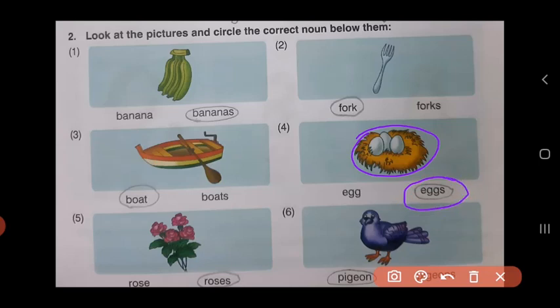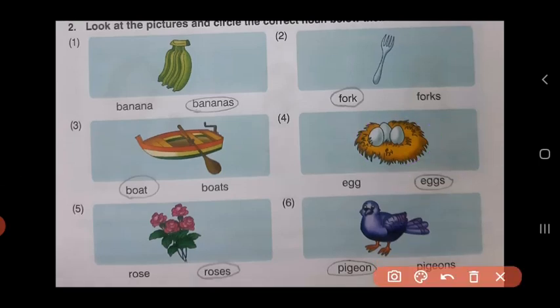Let's do the fifth one. In the fifth one, you have more than one flower, rose. Because it is more than one, we cannot call it a rose, but we will call it roses.